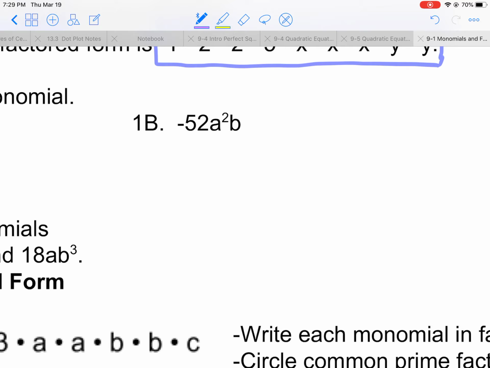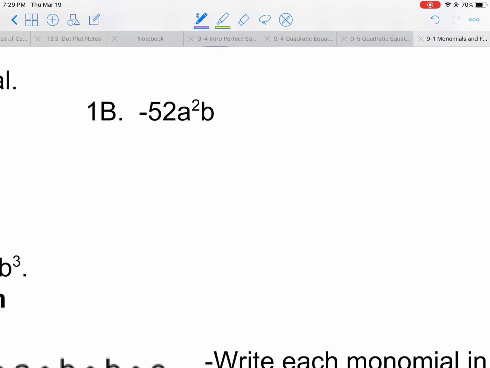And for negative 52 a squared b, I first have to separate the negative 1 times 52 times a squared times b. Now 52, I can factor into 2 times, what is 52 divided by 2? 2 times 26, and then I can turn 26 into 2 times 13.